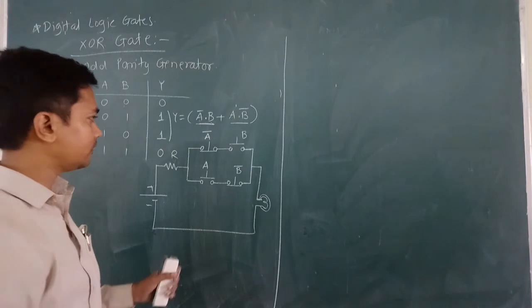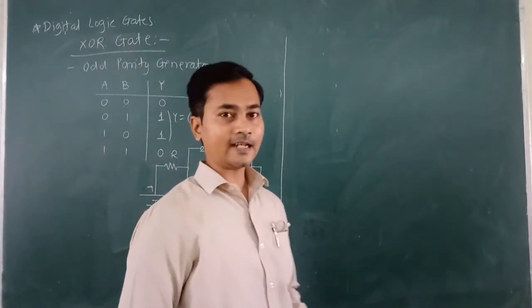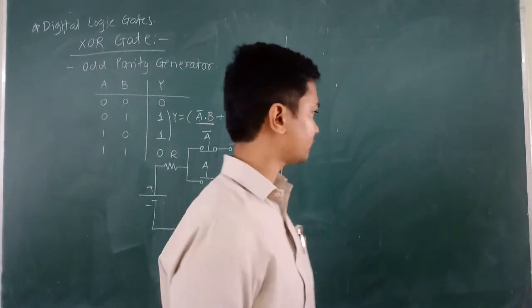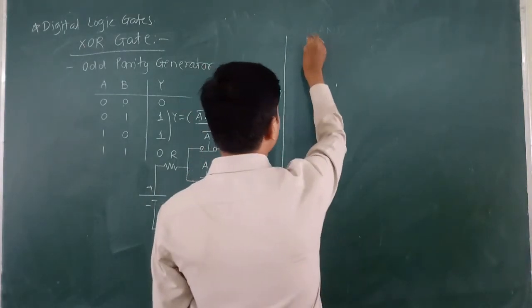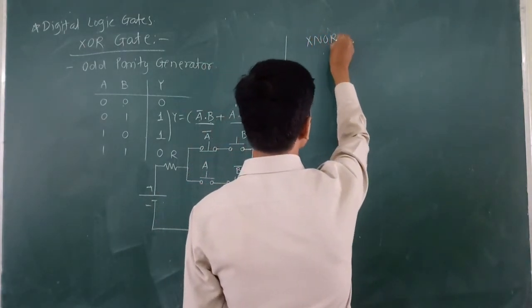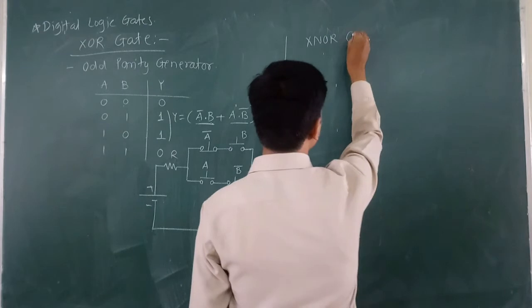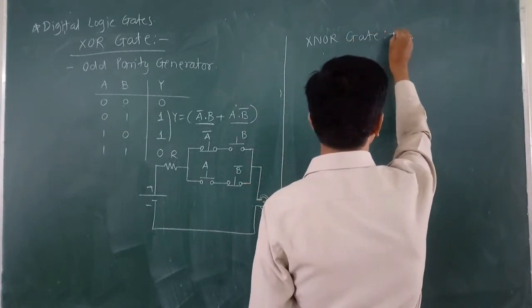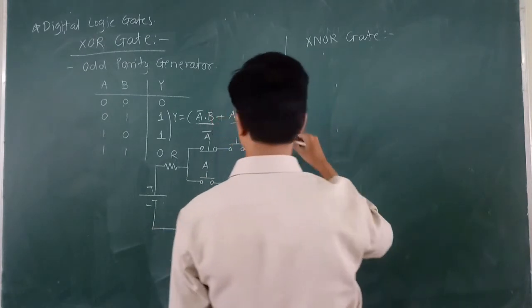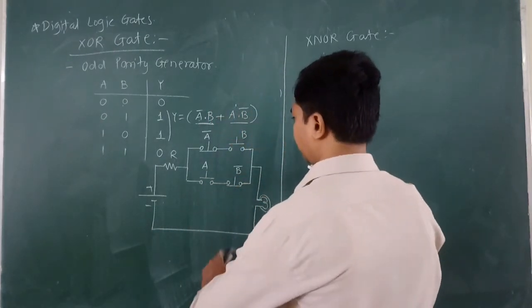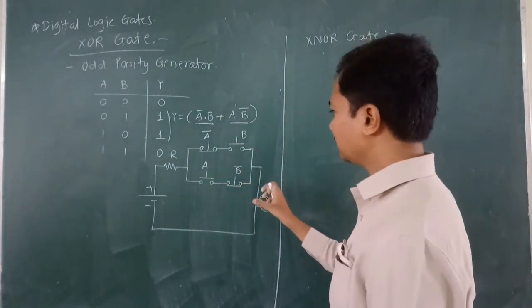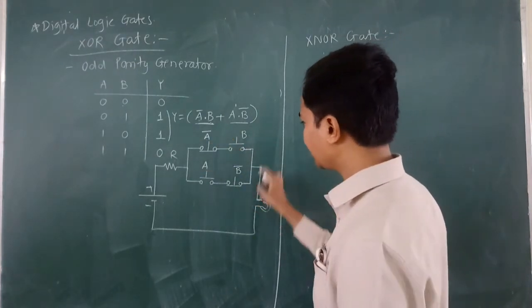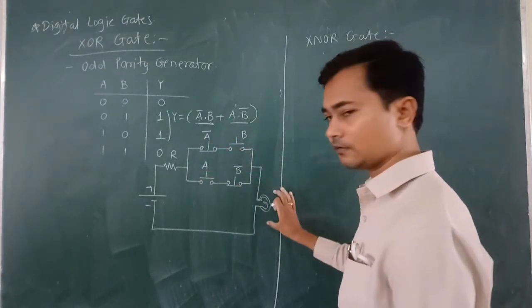Now the next logic gate is XNOR. For the XNOR gate, we have to simply take this switch combination in parallel with the bulb.